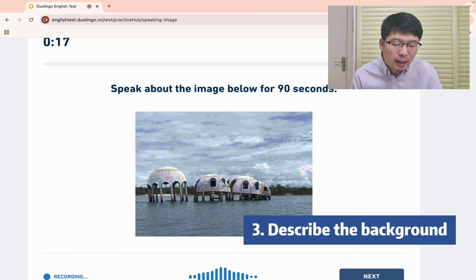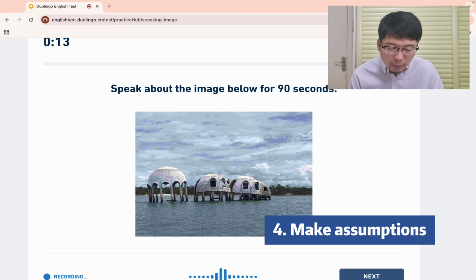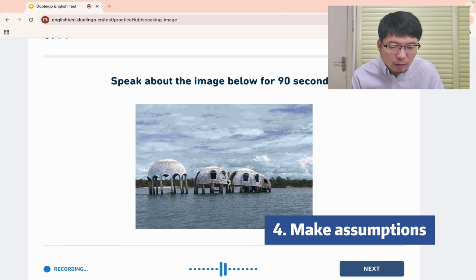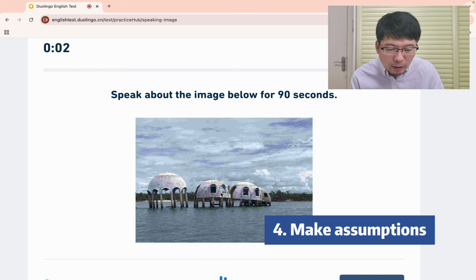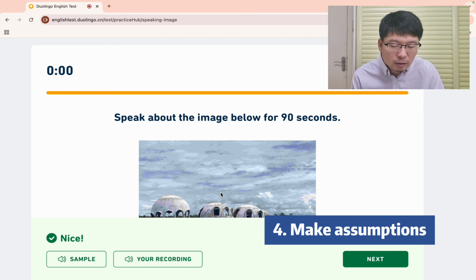It's cloudy today, and then maybe these constructions have been obsoleted because they look very old, and maybe they are broken.